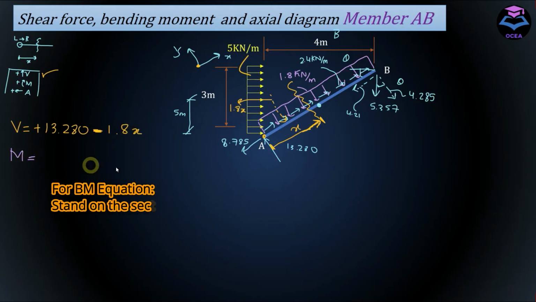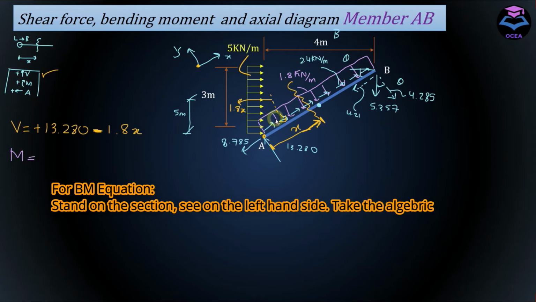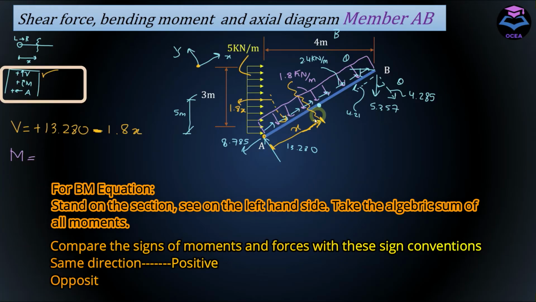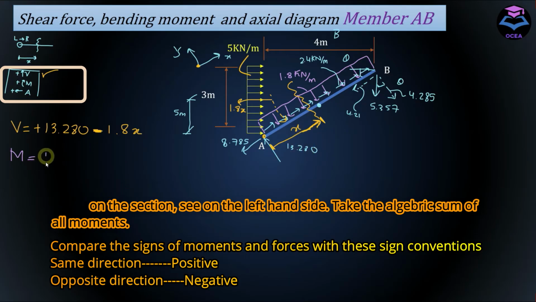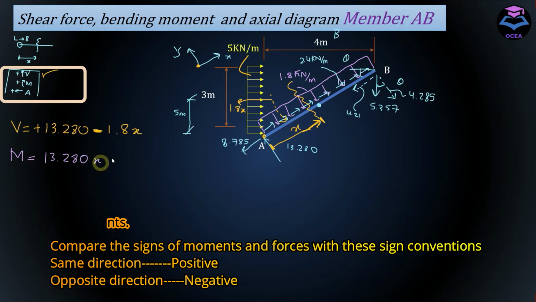And now to write moment equation, stand on the section C on the left hand side, take the algebraic sum of all the moments that are acting on the left hand side of the section on the member. So we have this 13.280 acting in clockwise direction about this section, and it has a perpendicular arm of X. So 13.280 into X minus this load 1.8x, which is due to this UDL, and it is acting at a distance of x by 2 from this section.